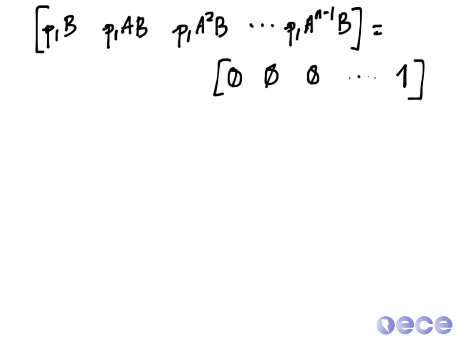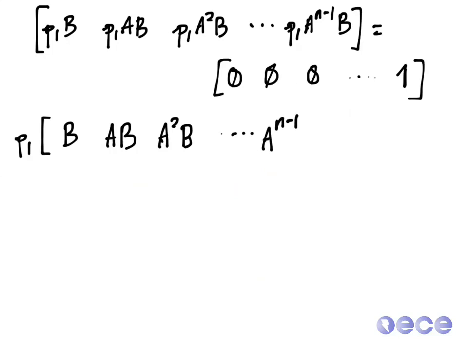And so what I can say now is I can factor out P1. So P1 times B, AB, A squared B, all the way to A to the n minus 1 B, is equal to 0, 0, until we finally get to a 1.